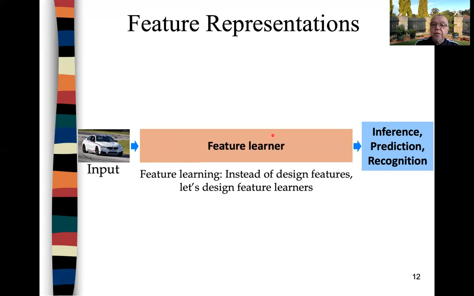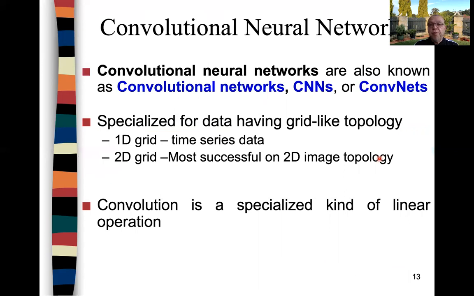This feature learner would learn the optimal features which would allow us to perform inference or recognize the object or perform operations.